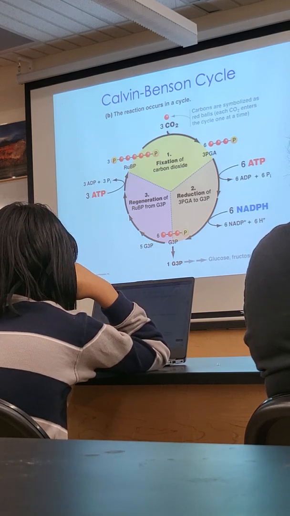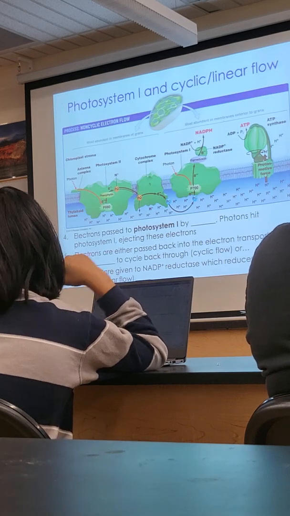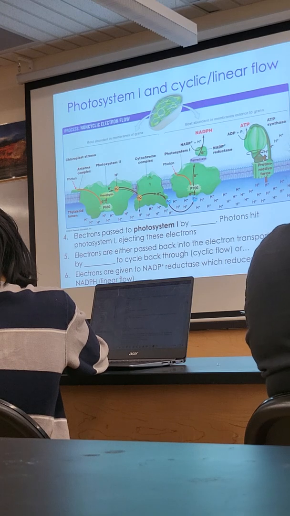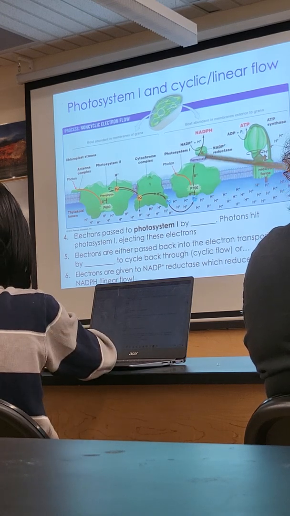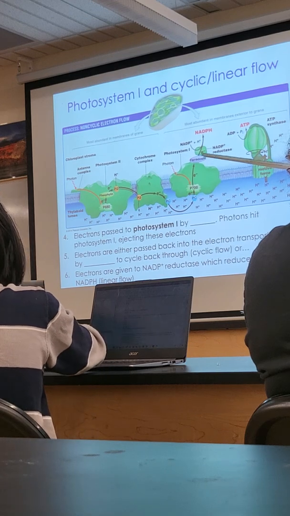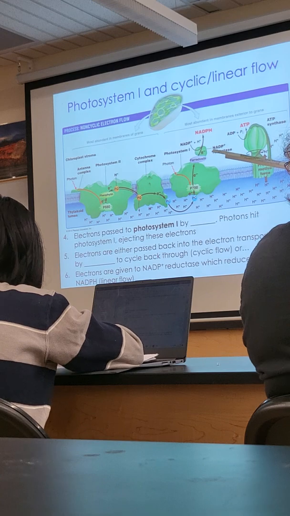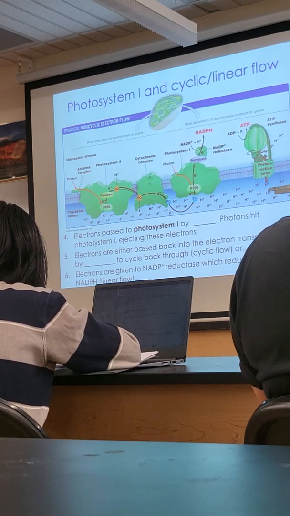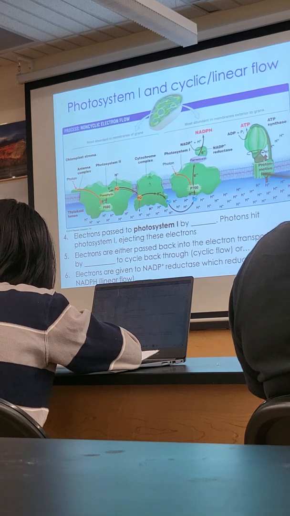And actually it makes sense, because if we go back and look at this light reaction, the NADP plus reductase enzyme is found in the stroma. The NADPH would then be directly produced in the stroma. The way that this ATP synthase is oriented, you can see that the proton flow is going to go this way.